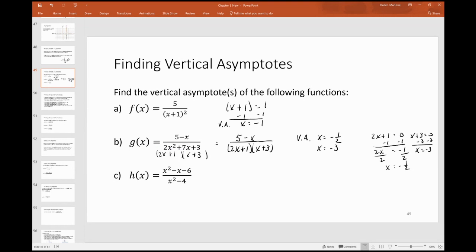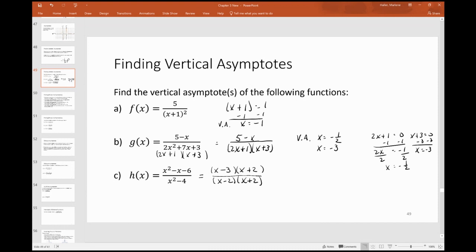Let's see, both the numerator and the denominator here can be factored, can't they? Let's see, that numerator is going to factor into x minus 3 times x plus 2. Then that denominator is going to factor into x minus 2 times x plus 2.